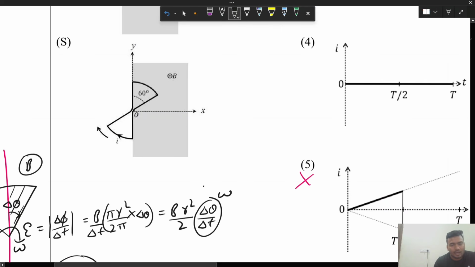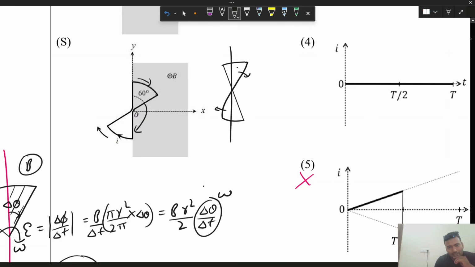For this S and the last part, see, you can see the figure. When this portion is entering, once it has entered, there is no change in flux. So when it is moving up to the last, till the moment it is coming here, there is no change in the flux. So current is zero. But think about a case when the situation is like this. So this part is entering and this part is leaving.